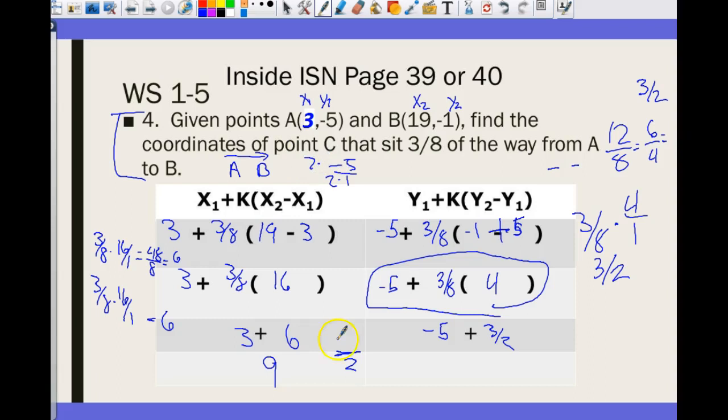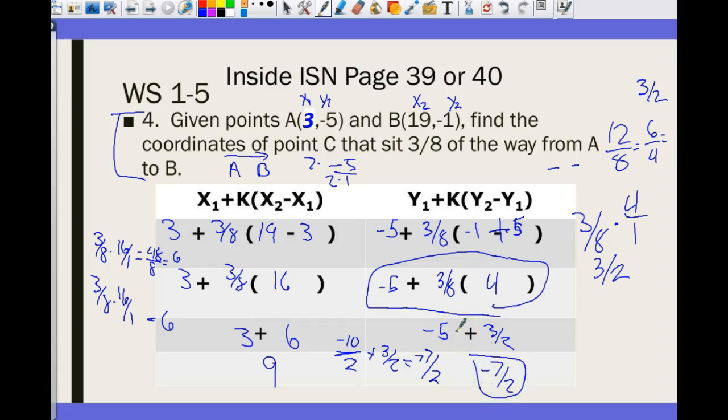2 times -5 is -10 plus 3 over 2 is equal to -10 plus 3 is -7, good job, divided by, the denominator stays the same, stays at 2, so we have -7 over 2, which is equal to -3.5.